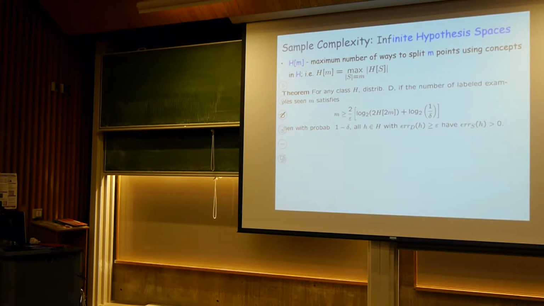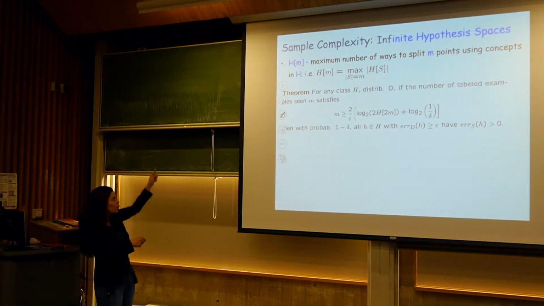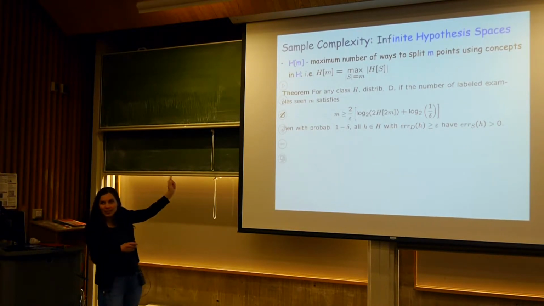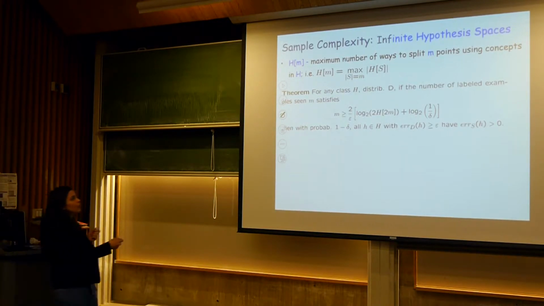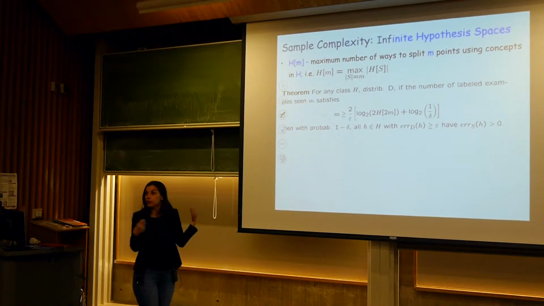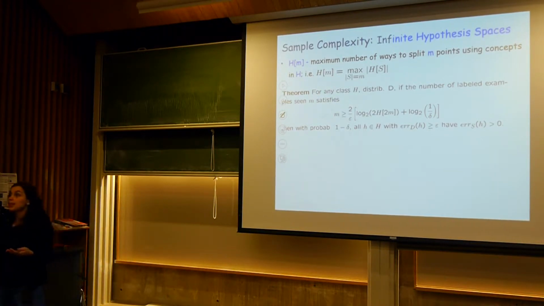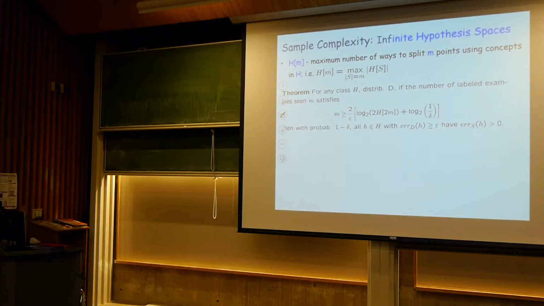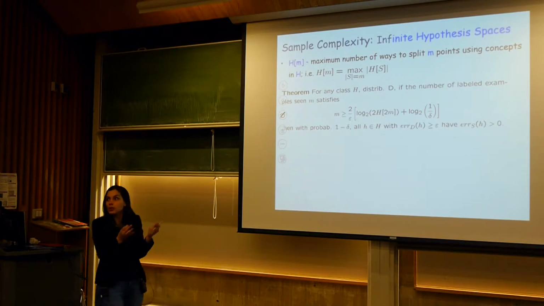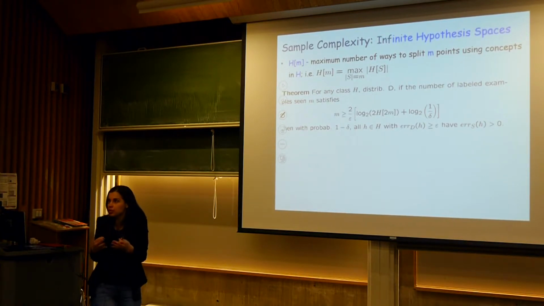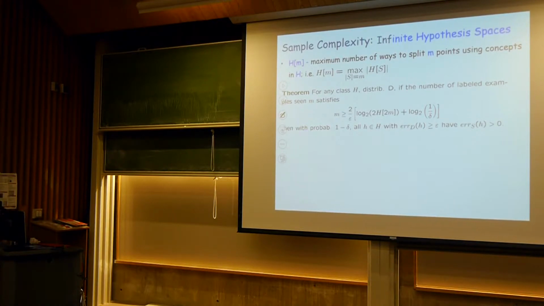I just want to spend one minute on this slide because then I want to move on and go through this concept in detail. Let me say again: when H is finite, we could use log of size of H here and get our sample complexity bound. When H is not finite, that doesn't make sense, but we can put a related quantity, the maximum number of ways of splitting m points with concepts from our concept class, some sort of effective dimension of our hypothesis space, which captures how complicated it is.